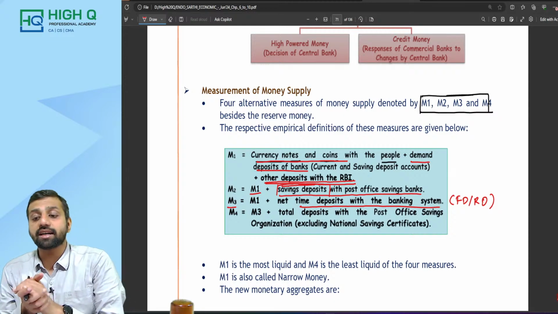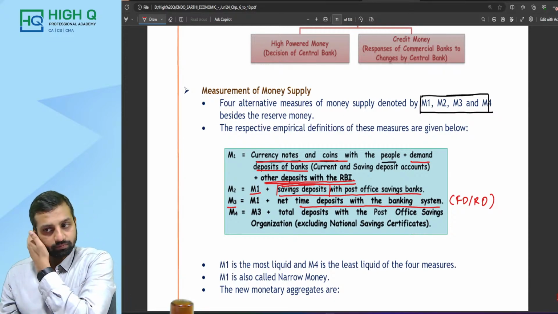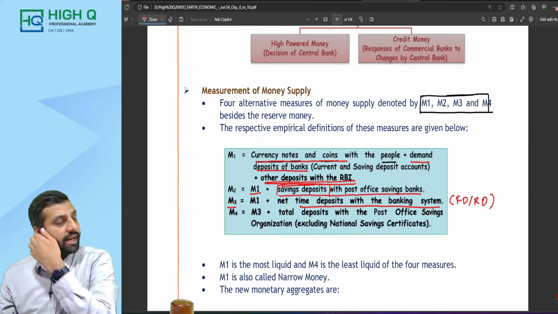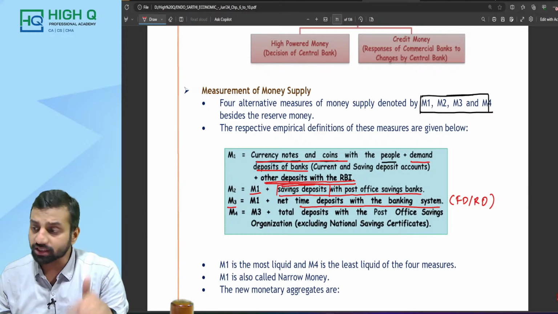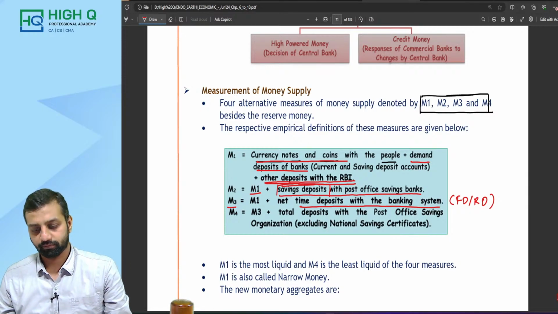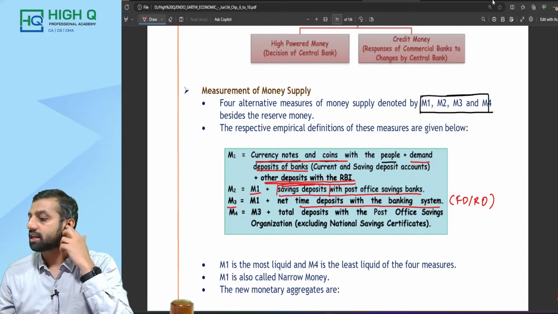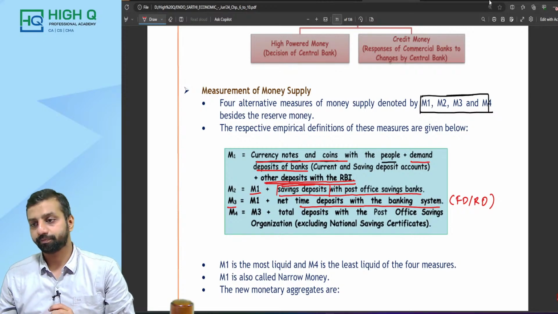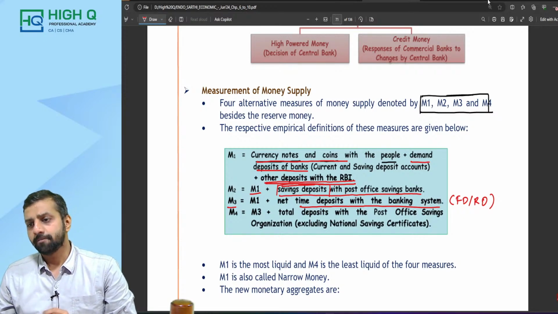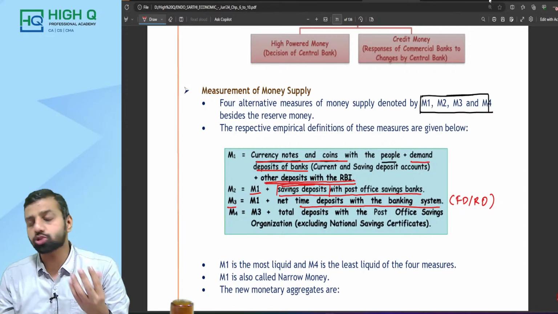So beta, what is the difference between M1 and M3? The difference is the treatment of time deposits. In M1, we do not include the time deposits, whereas in M3, we include the time deposits. Then M4 is again banking plus post offices.